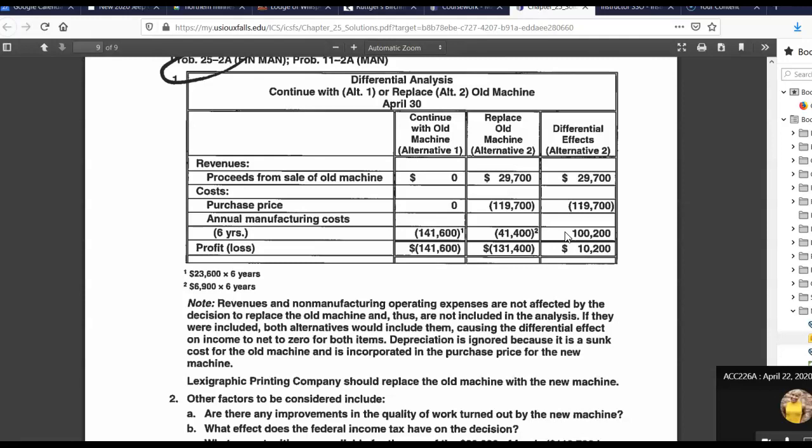But ultimately, if you get down to this number right here and you have it set up a little bit different, that's all fine, and you will still get to the same differential effect. As long as you know what you're looking at when you're comparing alternative one to alternative two, whether you set it up differently, and believe me, there are many other ways to set this up, you're going to get to the same answer. That's totally fine.